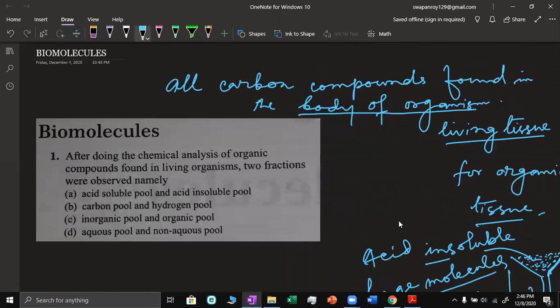Now here is one question on biomolecules. After doing the chemical analysis of organic compounds in a living organism, two fractions were observed.